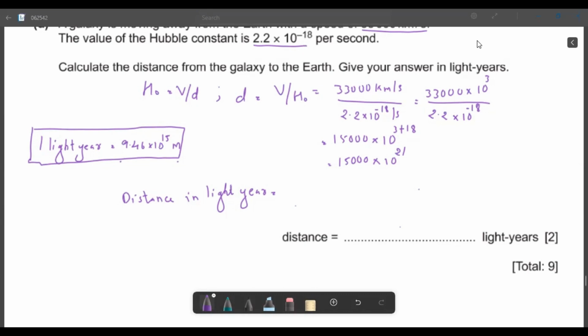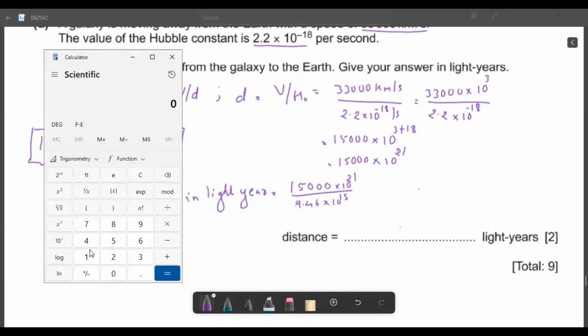So the distance in light years is 15,000 times 10 raised to 21 divided by 9.46 times 10 raised to 15. That is 15,000 divided by 9.46, which is 1,585.